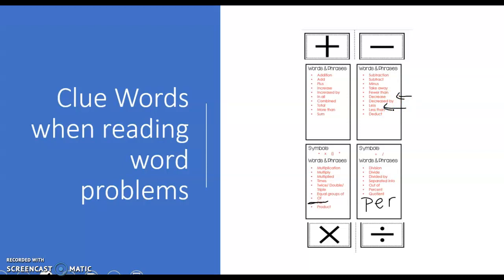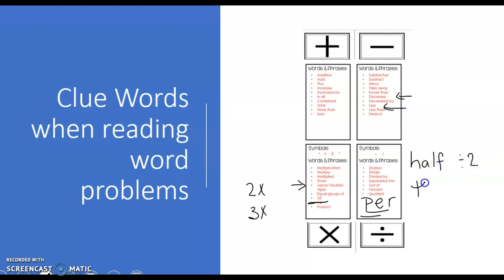Hopefully you got times and multiply, but some other words that identify multiply that you will see might be twice or double or triple. Those words mean that you're going to multiply by 2 or multiply by 3. Some other words in division: per is one you're going to use a lot, but if you said half, you know that you're going to divide by 2.